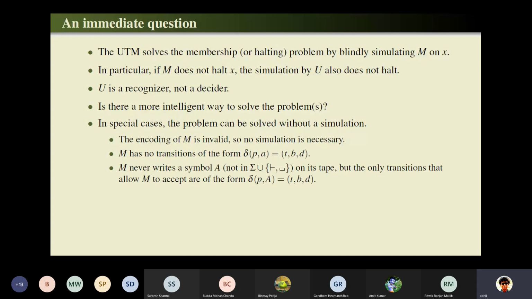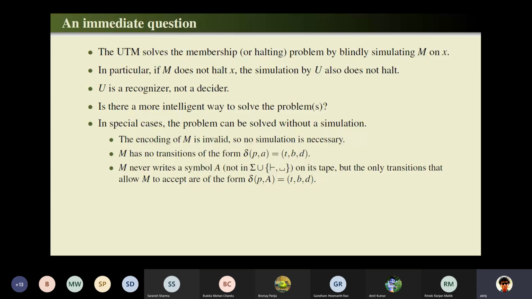If it never writes capital A and requires capital A to go to the final or accept state, this is never going to happen. These are some specific situations which a machine for the membership problem can check, and this is possible by looking only at the encoding. No simulation is needed.